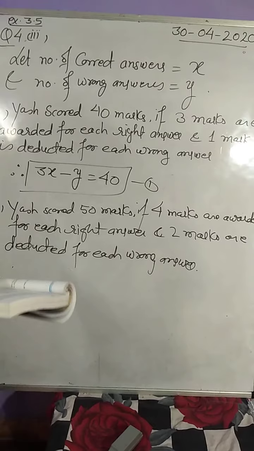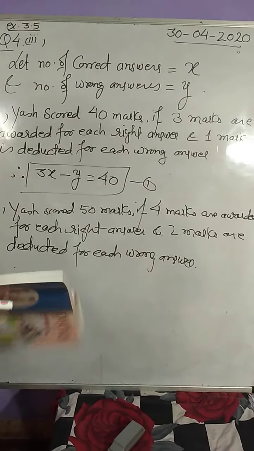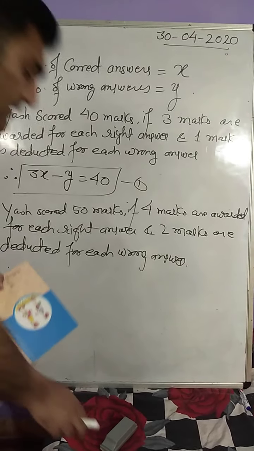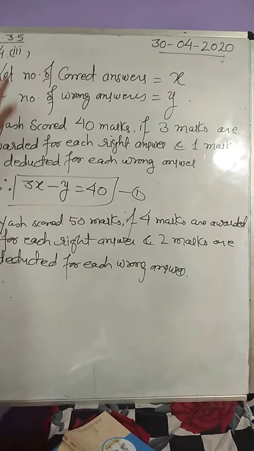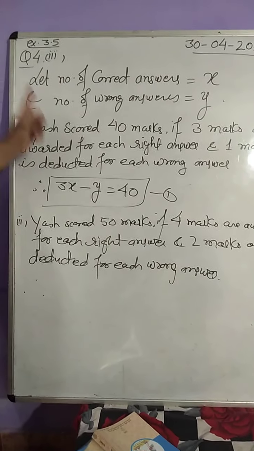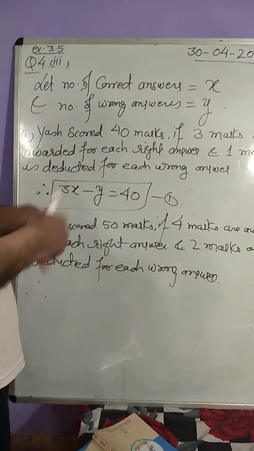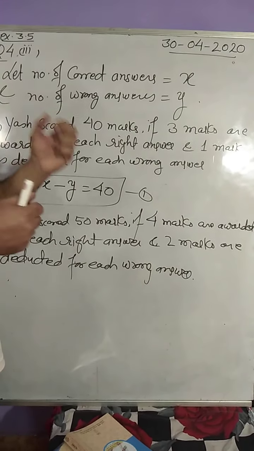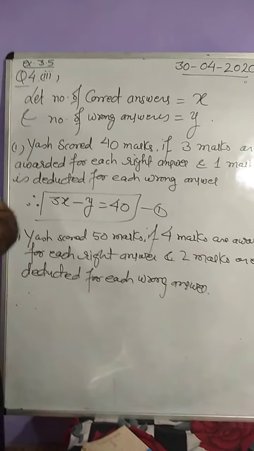The question asked is how many questions were there in the test? In this solution, there is one silent assumption which we will not mention anywhere: the student Yash has attempted all the questions. Out of all those questions, some are right and some are wrong.